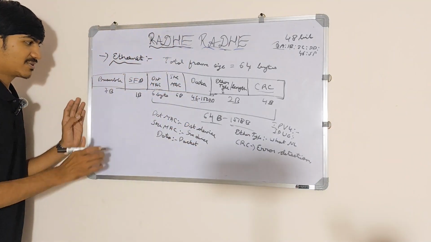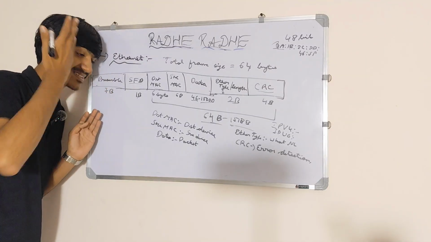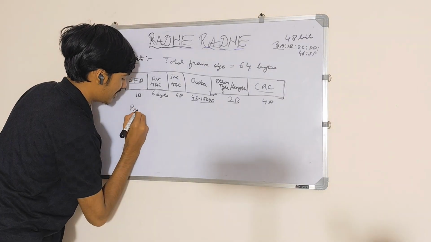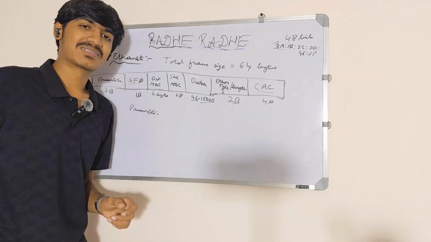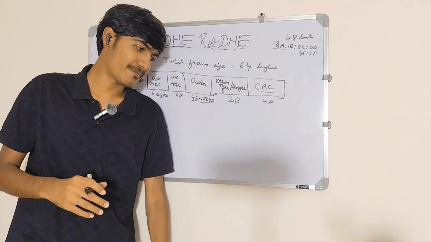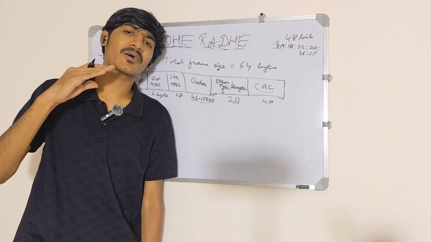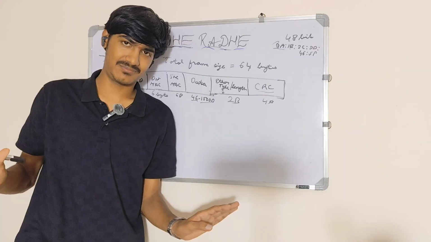Okay. Now, I told you I'll explain about the preamble. You might be curious: 7 bytes of preamble. Ethernet is very smart. It doesn't want synchronization problems to occur at all.